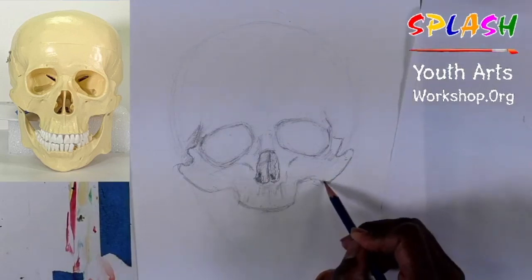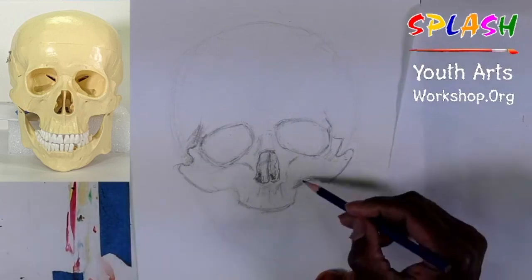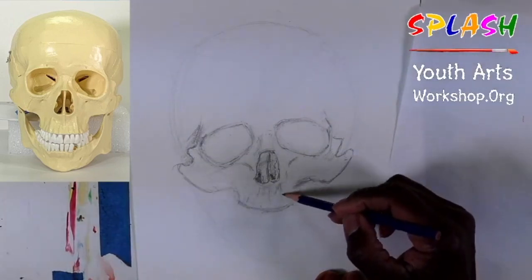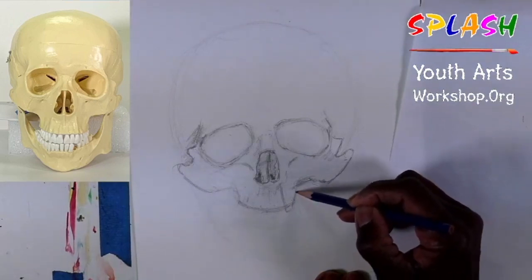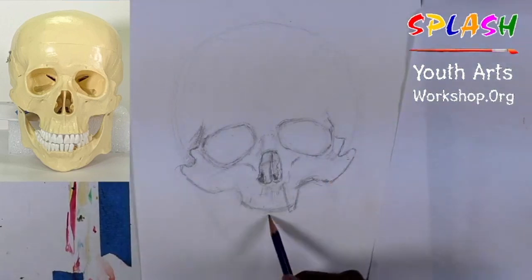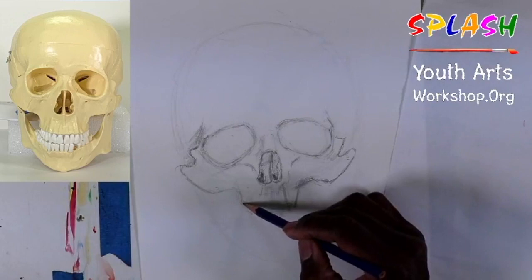Now remember, when making art, sometimes you have to exaggerate this line here and always be willing to change. I'm going to make this area a little longer because I think it's going to accentuate this shape better if I make it longer.